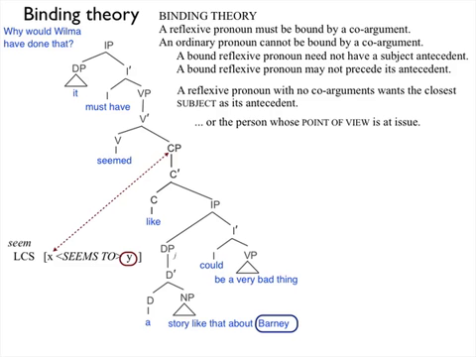Because it turns out that although lots and lots of work has focused on the syntactic structure and its relevance for reflexive anaphora in particular, there's other stuff going on. You don't have to have the thing that determines the possibility of a reflexive.